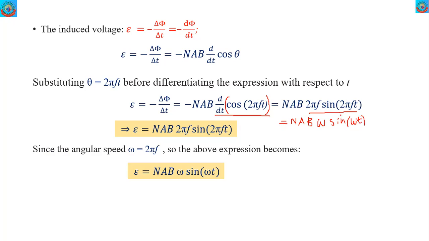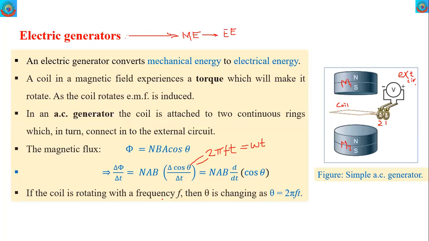So this expression is like that. So E is equal to NAB omega sin omega t. This is the electromotive force that is generated in an electric generator.